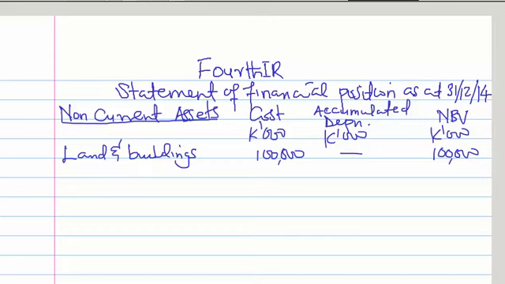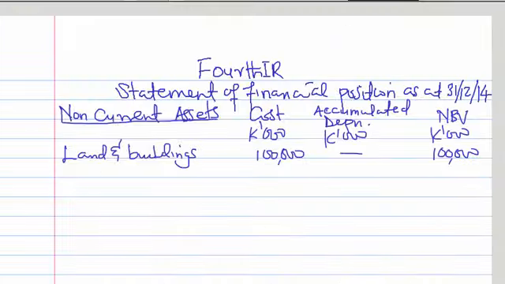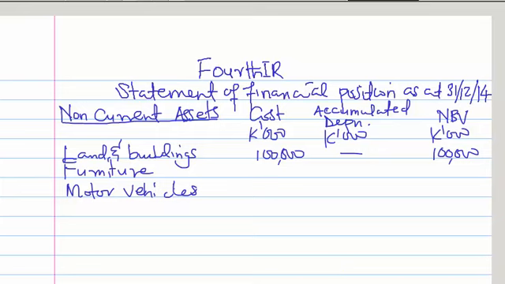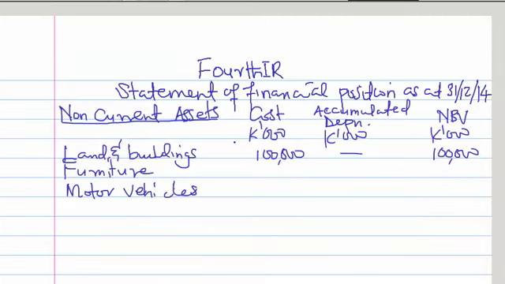The next asset that you see is furniture. And we also have motor vehicles, so I'll just list those up. So we have furniture and motor vehicles. For furniture, it's 30,000, and for motor vehicles, 21,500.